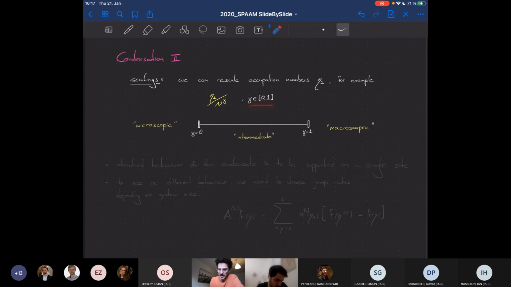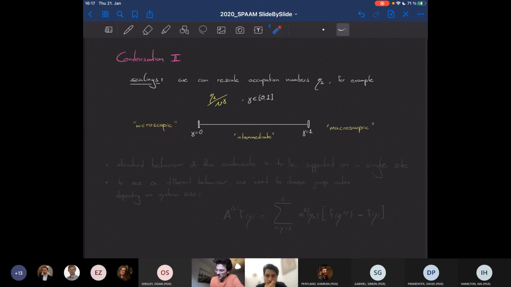And let's look at the two boundary cases. Well, γ equal to 0, we have a denominator of 1. So we just get the occupation number itself. So it's just a number of order of magnitude 1, so 1, 2, 3, 4, 5. And we call this the microscopic scale. This is the scale where we defined our dynamics on, for example, in the beginning.